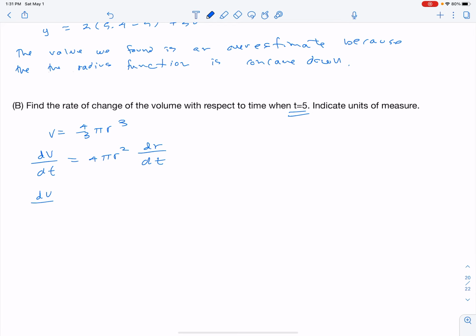So dV/dt equals 4 pi. Now be careful. At time t equals 5, we don't have a time t equals 5 here. But we do know that at time t equals 5, the radius was 30.